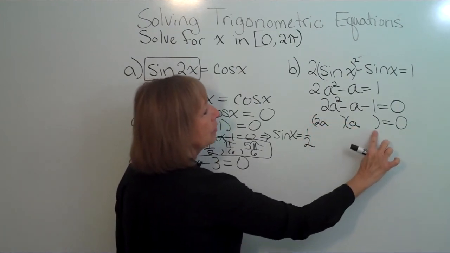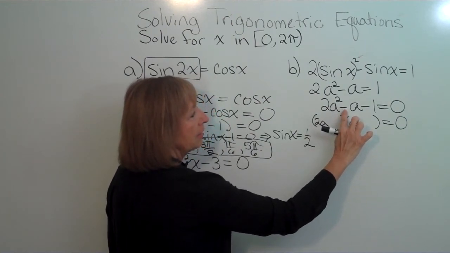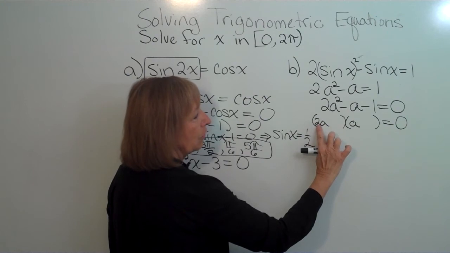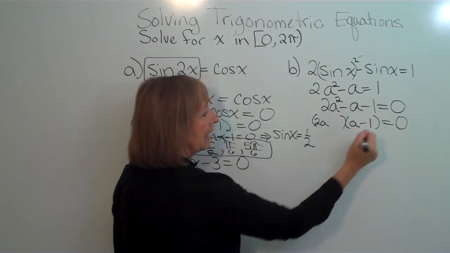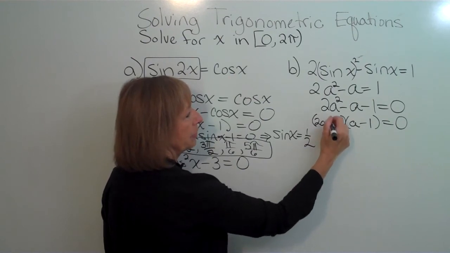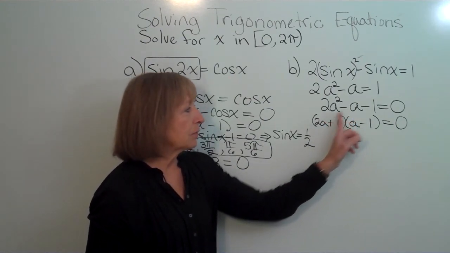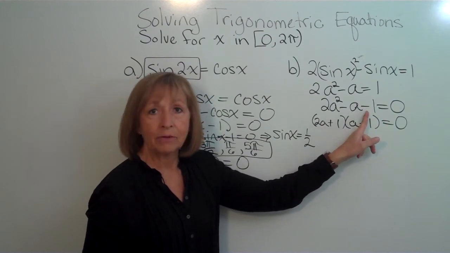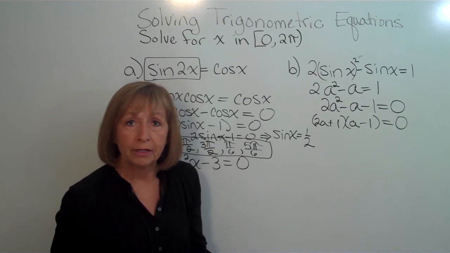Then the outers combined with the inners give you your middle term, but I need my middle term to be negative. So the one with the bigger coefficient has to multiply to the negative factor, and the one with the smaller coefficient has to multiply to the positive factor, and it's plus 1 and minus 1 to get a negative 1 at the end. That's how we would have factored in algebra.